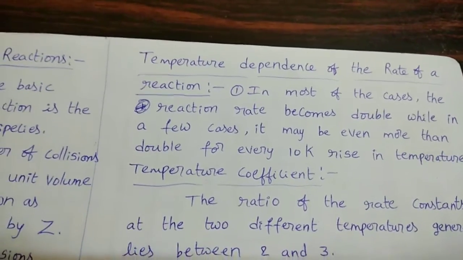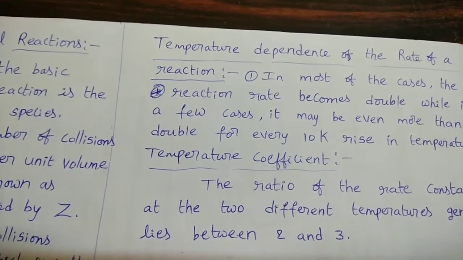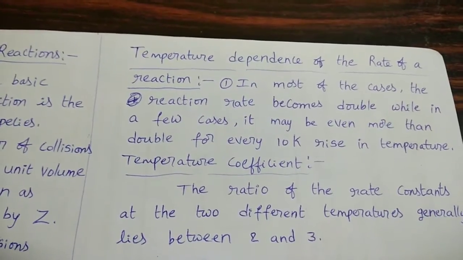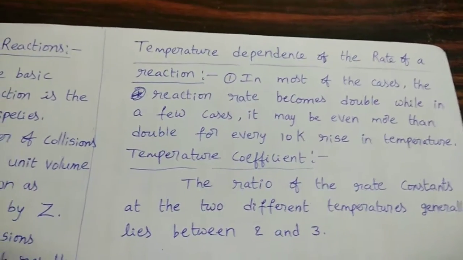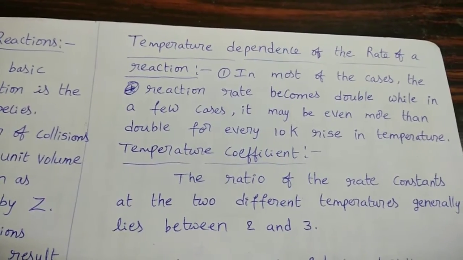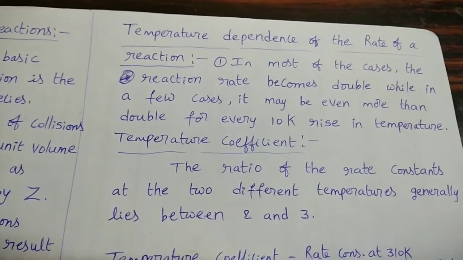So for most of the chemical reactions, rate of reaction increases if we increase the temperature. That means with increase of temperature, reaction rate also increases, and in many cases it becomes more than double also for every 10 Kelvin rise in temperature.